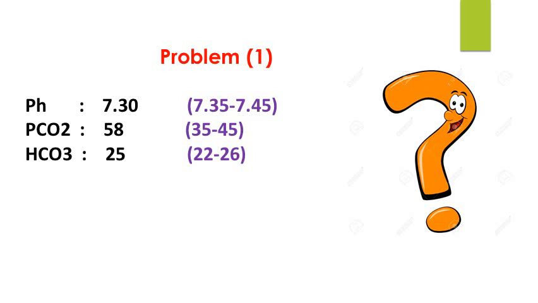PCO2 in this problem is 58, which is more than 45, so there is a change in PCO2. Bicarbonate is within normal. This means that this problem is respiratory acidosis.